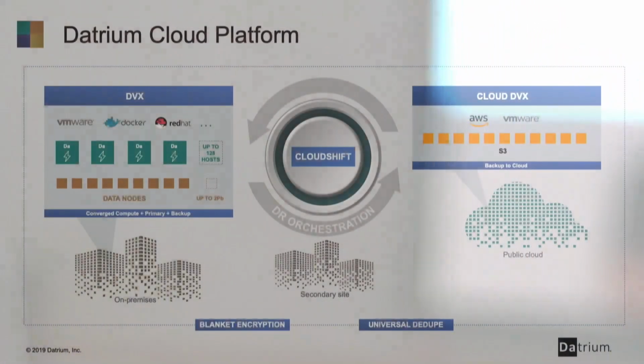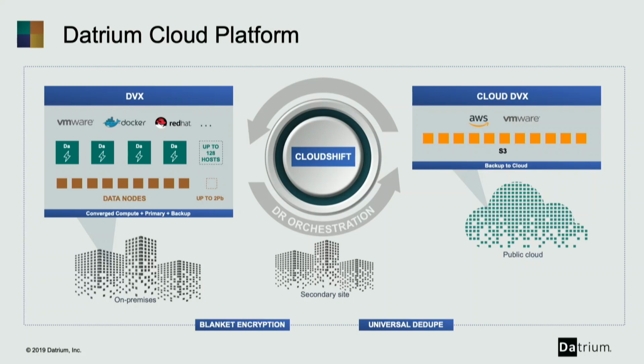So Lala mentioned this, and what I thought I'll do is give you guys a sense of it. DVX is obviously the on-prem product. So as I mentioned, you buy software, you run it on your servers. We can ship the data nodes today, just to give a good, reliable solution.